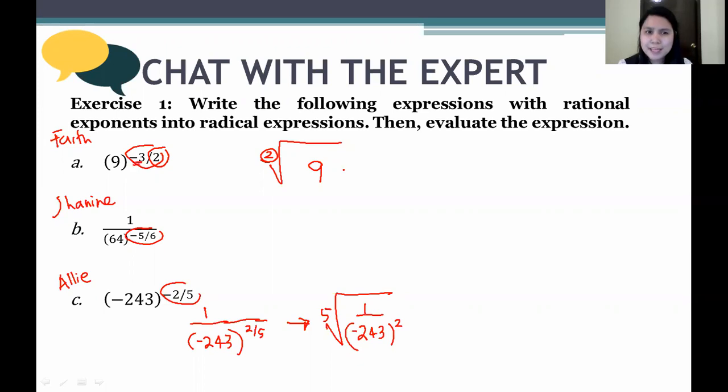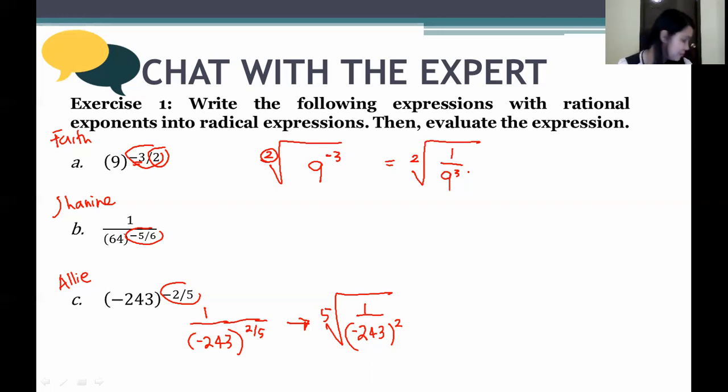How do we make it, ma'am? Let's do it this way. It can be to the power of negative 3. That will turn into 1 over the square root of 9 cubed. Okay? Now, how do we solve that one?